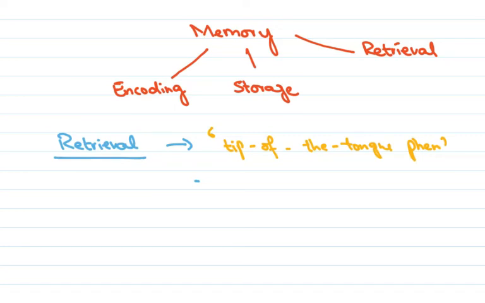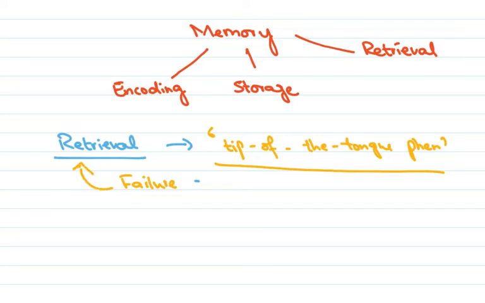So that's what is called the tip of the tongue phenomenon. And usually you find that once you stop thinking about it, it comes very naturally to you, right? This is because of a failure to retrieve information. You have stored that information, but it's a failure with regards to retrieval, right?